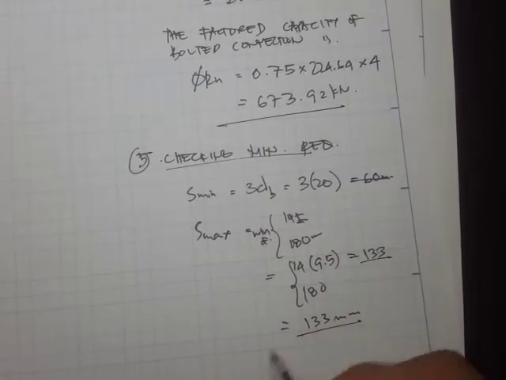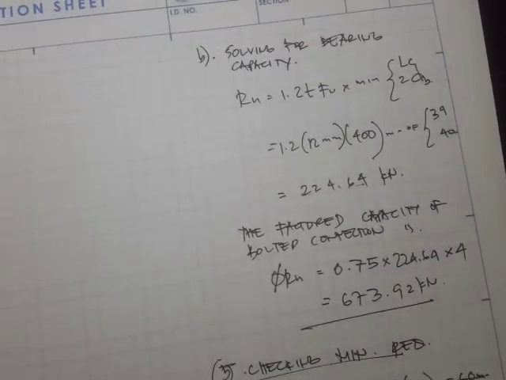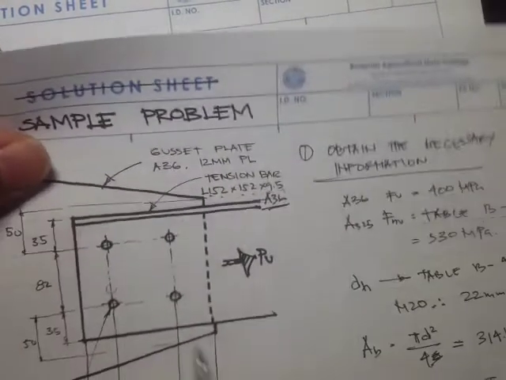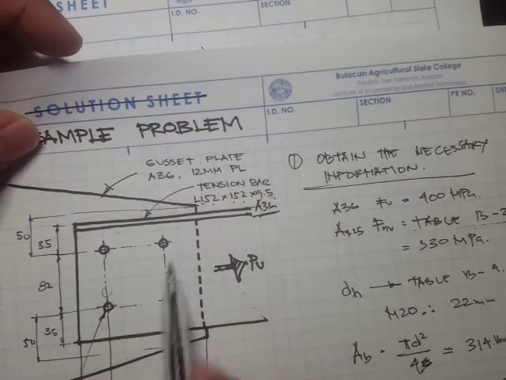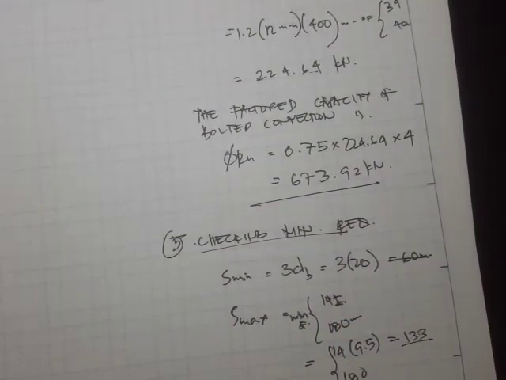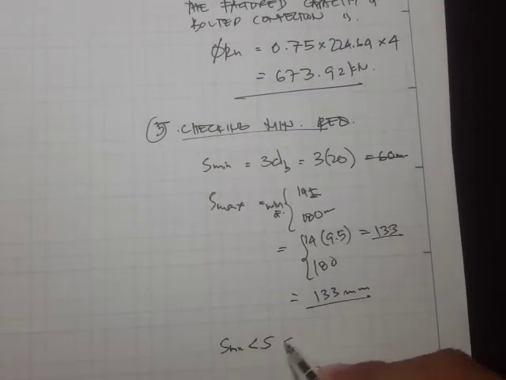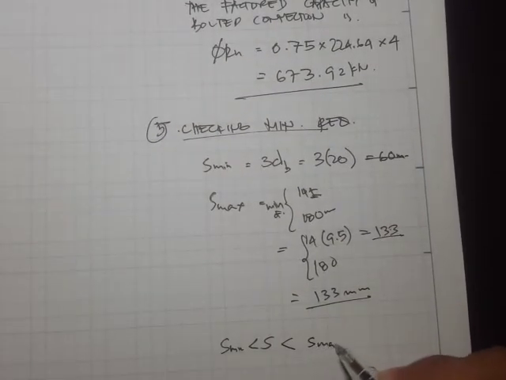Now our spacing is, so our spacing here is actually 80. So meaning our S is greater than our S min, and this one is less than our S max.